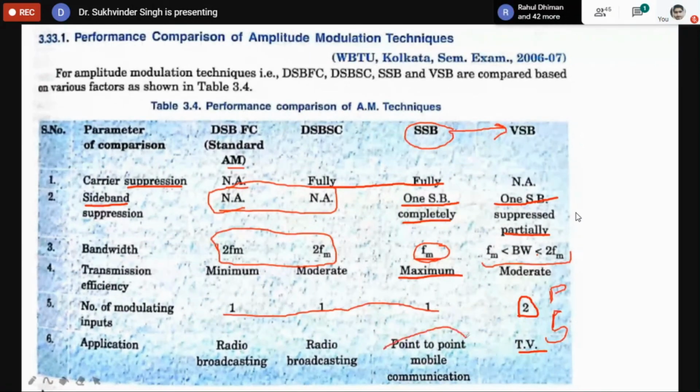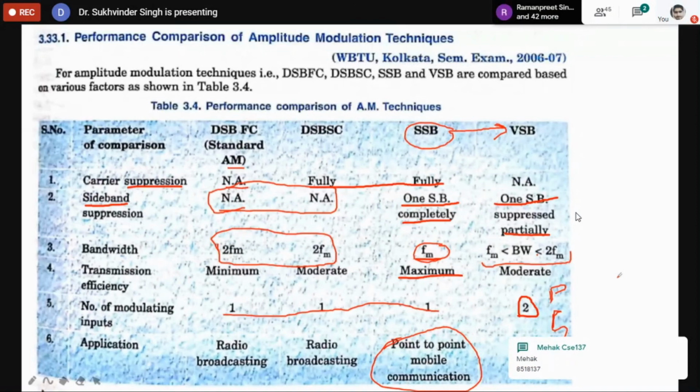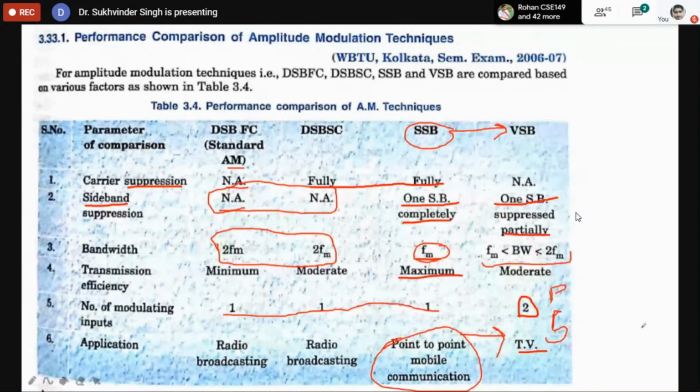But now in mobile point-to-point communication, earlier we used to hear voice only. Now we can see picture quality, video quality, etc. So point-to-point mobile communication is now shifting towards the vestigial sideband technique, that is the TV technique, in which we have both motion picture as well as sound.